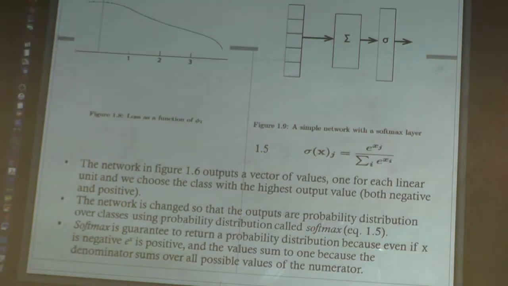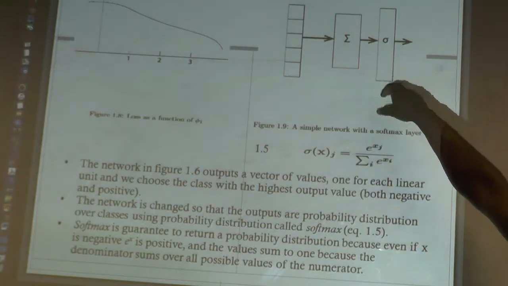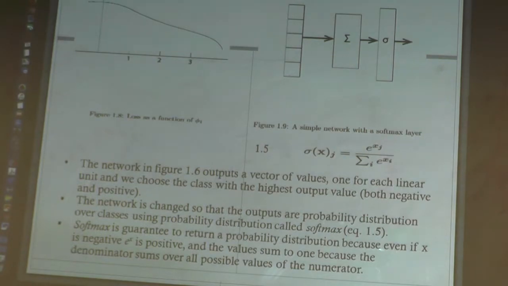Now when you have a probability distribution, we know that if something is 0.6, that 0.6 tends towards 1. It's far away from 0. And we can interpret that. That's the whole purpose of introducing that particular loss function.